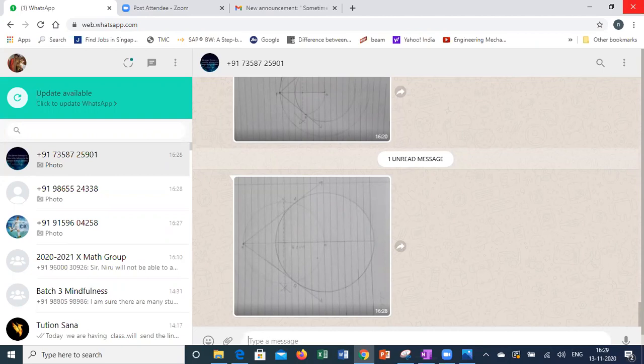Sir, 4.5 centimeter. Yeah, so we have to prove that one practically. This is the practical way to calculate the length of the tangent. The same thing we have to prove analytically, that means using the calculations. So once Hamsini is done with the first question, we will do that one. Okay, sir. Yeah, we'll wait for her. Just a few minutes.